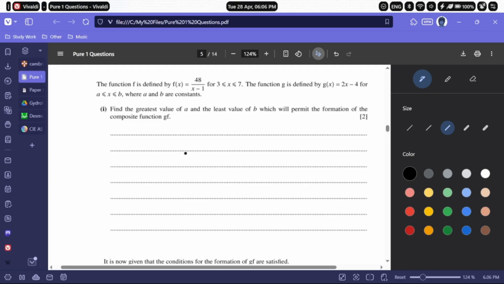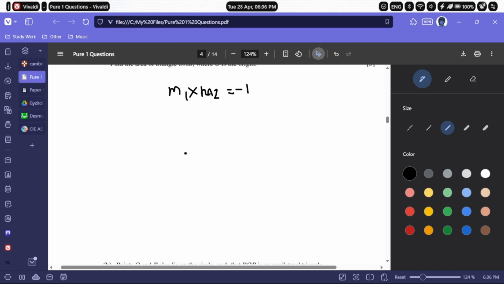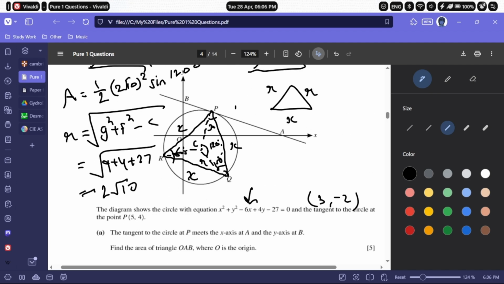So you're given f of x, which is a rational function, g of x, which is a linear function, and then you're told that the domain is x is greater than or equal to a, less than or equal to b for g of x. Wait, which 2 root 2.